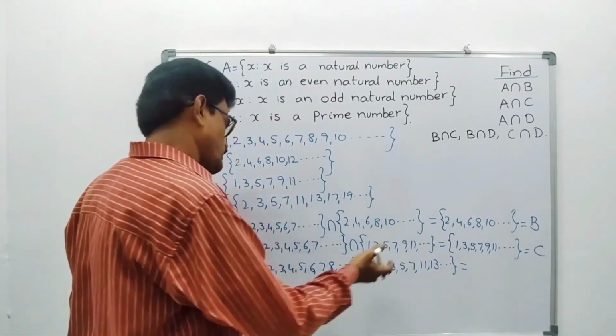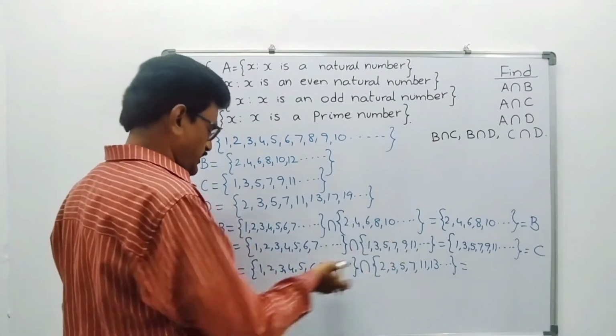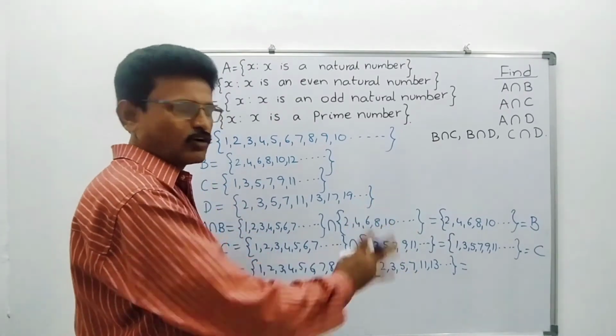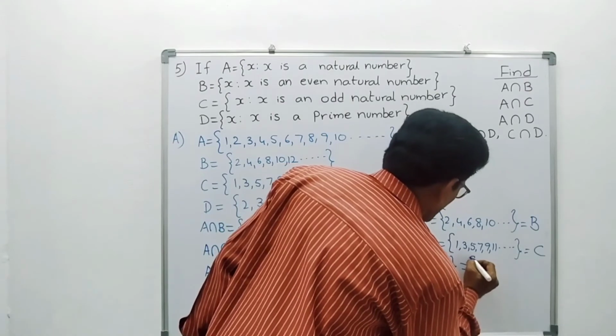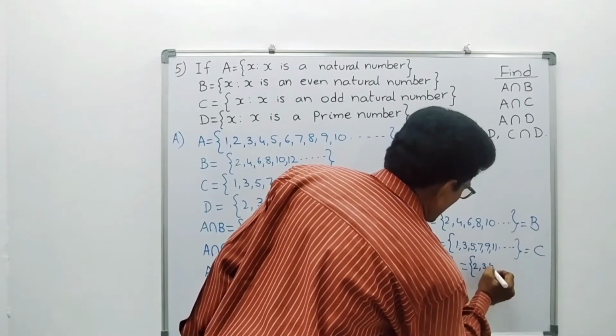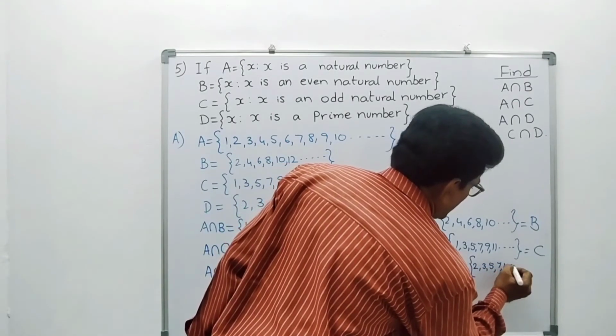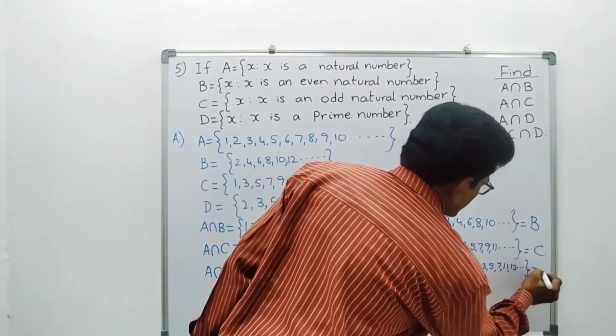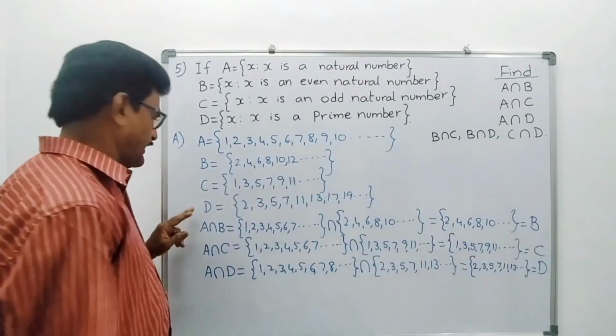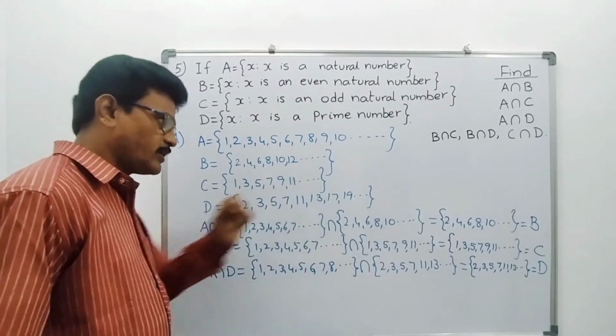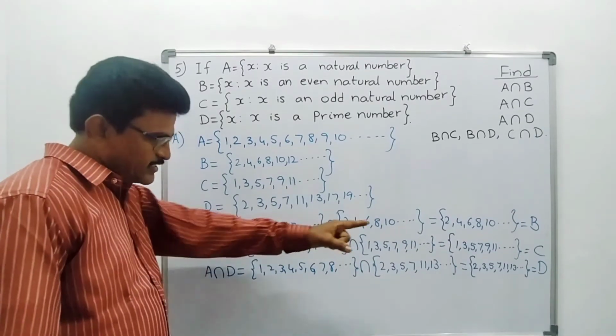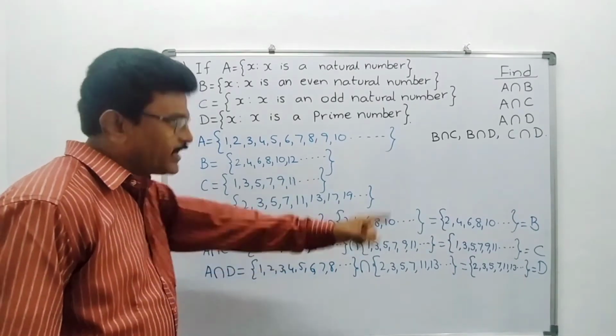These prime numbers we can see here also: 2, 3, 5, 7, 11, 13. So we get only prime numbers again. What is the result? We are getting D again. A intersection B, B only. A intersection C, C only. A intersection D, D only.